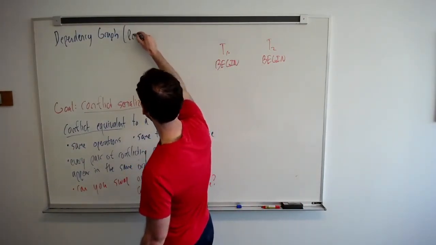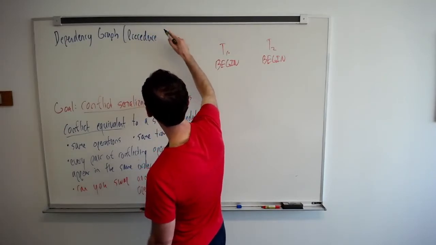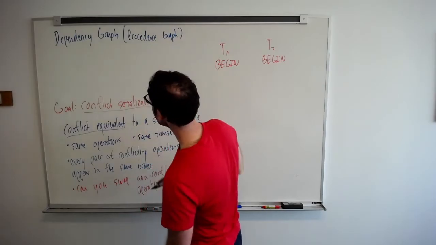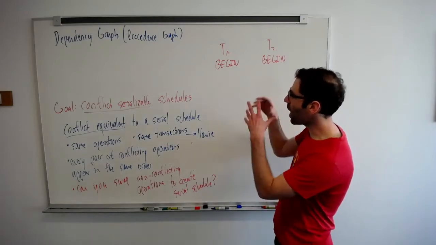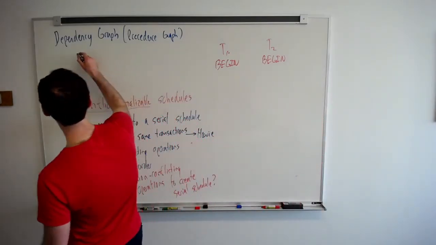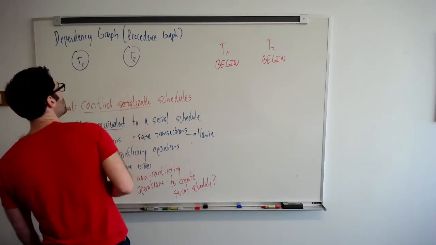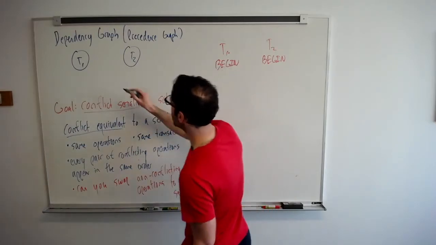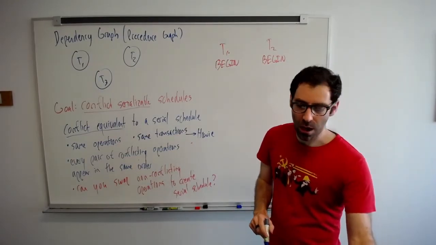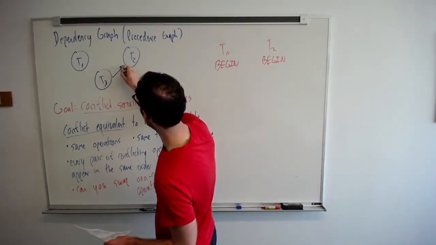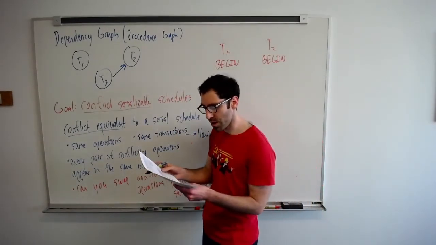I believe the textbook calls this a precedence graph. How this will work is we'll have a graph of our transactions. So we have T1, we have T2, and throw in a T3, and we'll put an arrow from one transaction to another. So this will be a directed graph.